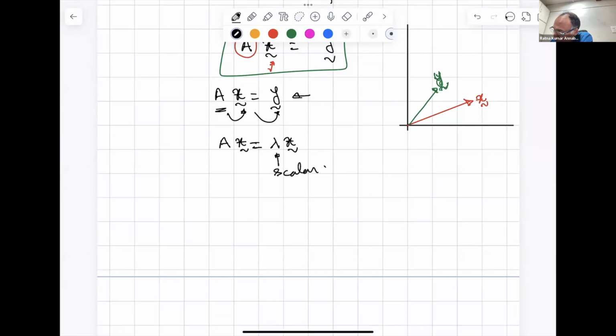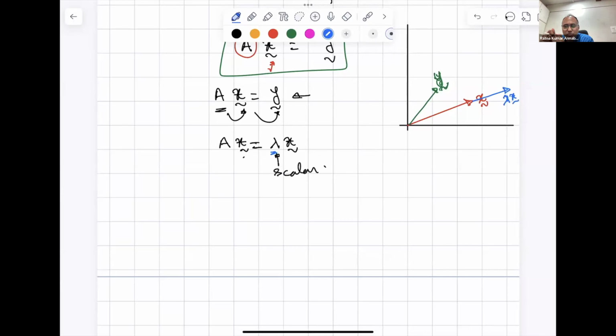Meaning, when matrix A is operating on X, it results in a new vector, but the new vector's direction is the same as X, and the magnitude is different. The magnitude is multiplied by lambda. That means the matrix A is operating on vector X in such a way that the direction of the vector is not changed, but the vector is only either stretched or contracted.